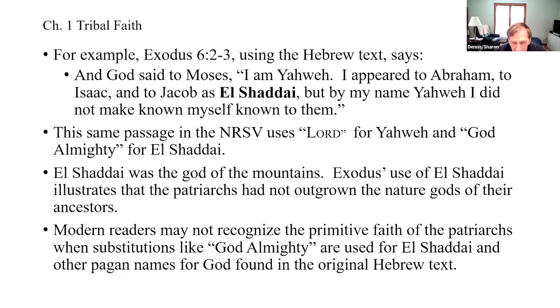The interesting point he makes is that because these texts use these substitutions, we don't recognize the primitive faith of the patriarchs, the allusions to pagan names found in the original text. It all becomes, well, this is the God Almighty, the majestic creator that modern people would believe in. It's not clear that they're using pagan names in the original text.